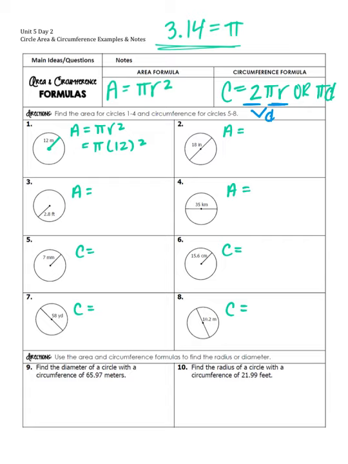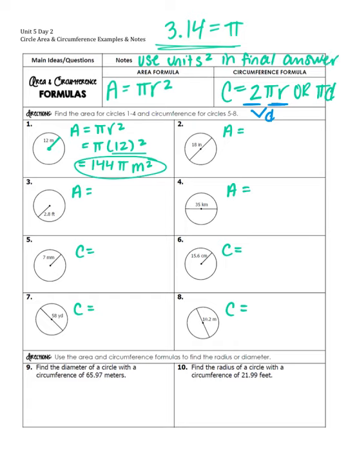I'm not plugging in 3.14. So the only thing I can simplify now is 12 squared, which is 144. And then we put pi at the end of our answer. So we have 144 pi meters squared, because you always put units squared in your final answer.